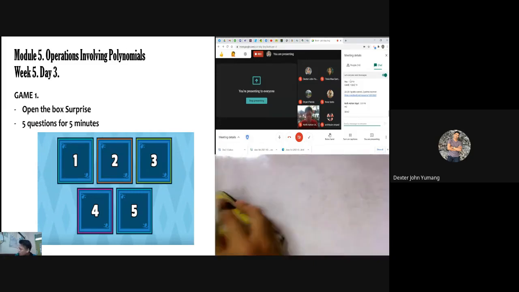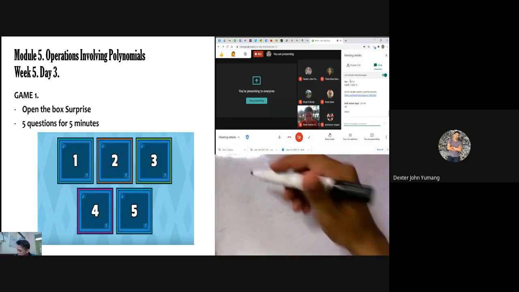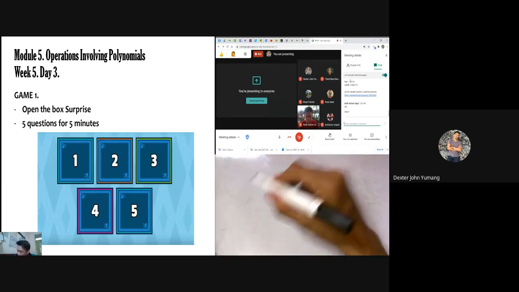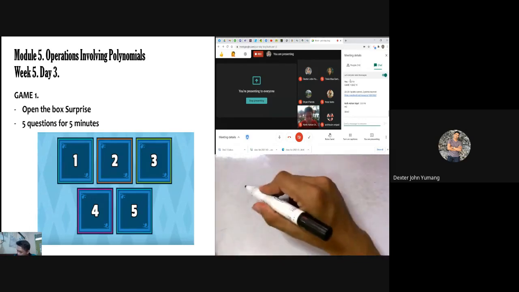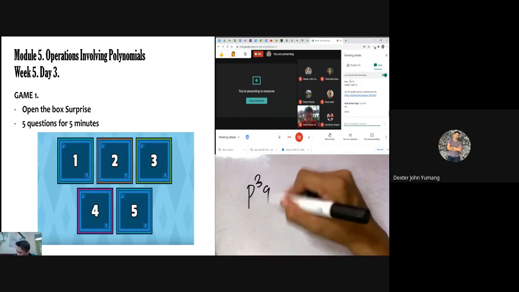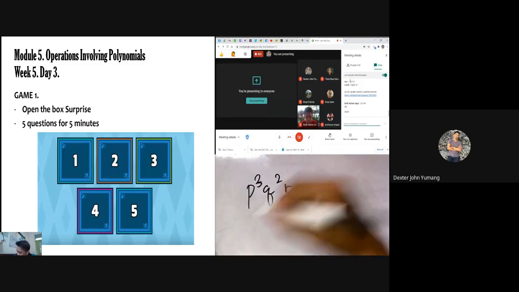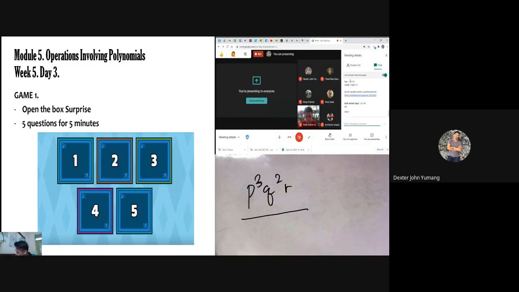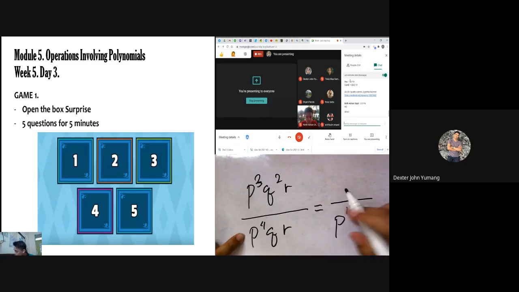Okay? Next, another example. What if there are two letters or two variables included? We have p cubed, q squared, and r, divided by p fourth, q, and r. Paano natin siya i-divide? Look at this one. P cubed, P fourth. Sino mas malaki? Si P fourth, di ba? So dyan yung sagot. 4 minus 3, that is 1, or invisible 1. Nakuha.